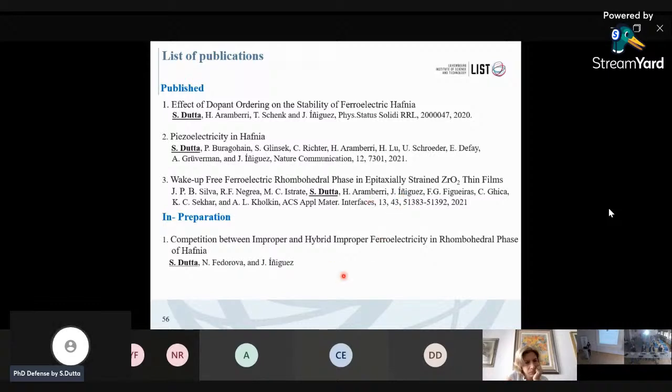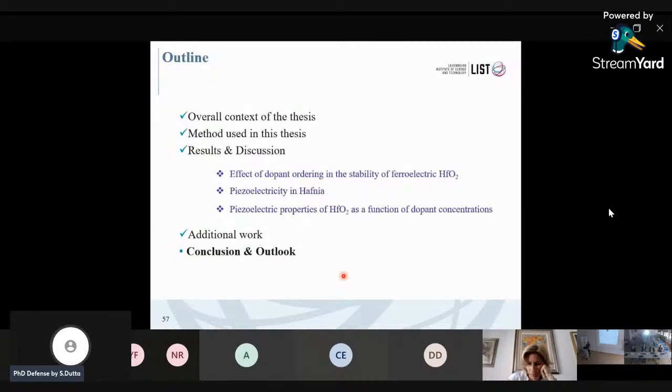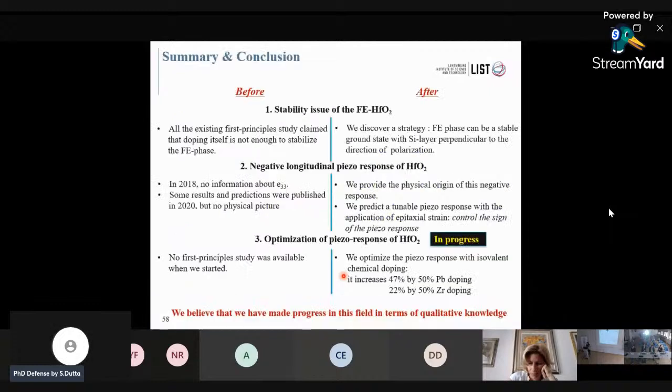And in this one, which is in preparation, we are currently preparing the manuscript, we studied the ferroelectric phase in hafnia, and at least at the fundamental level, we found very interesting phenomena, where there is a competition going on between improper and highly improper ferroelectricity. But I don't have time to explain that in detail, so sorry for that. And with that, I would like to conclude my talk with a summary and conclusion.